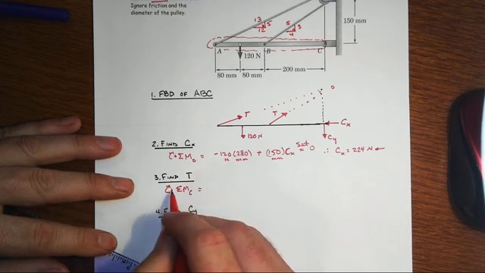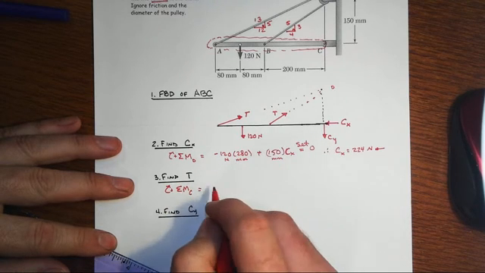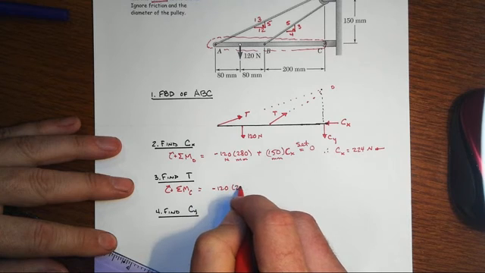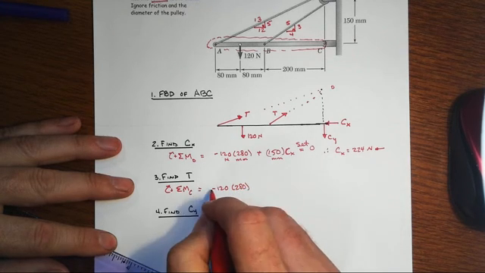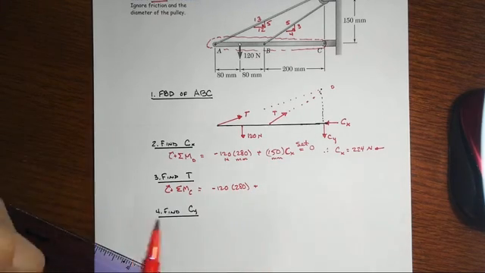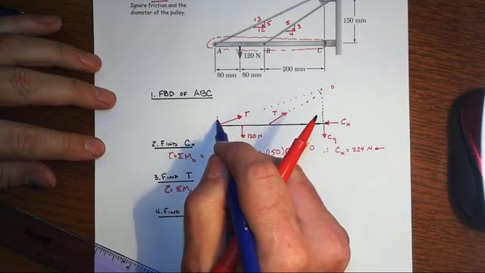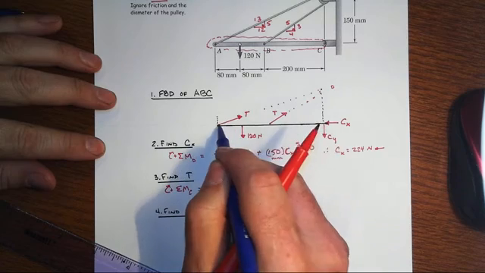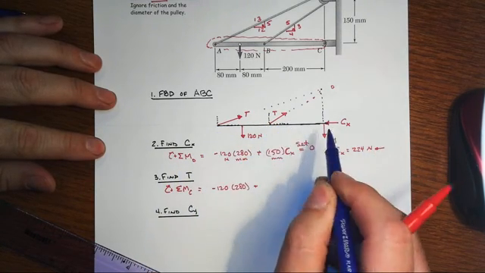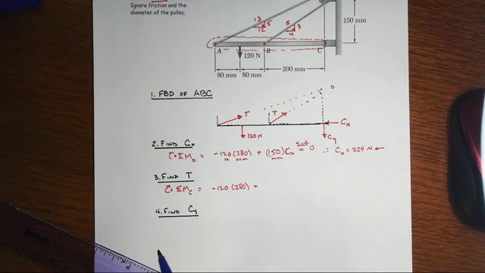So why allow that to happen? So we'll have the sum of moments about point C. Let's do the applied force first. It'll again be 120 times 280, and that'll be negative. Then we have to make sure that we get the Y components of T, and we don't care about the X components of each T because they'll pass through the point of interest.